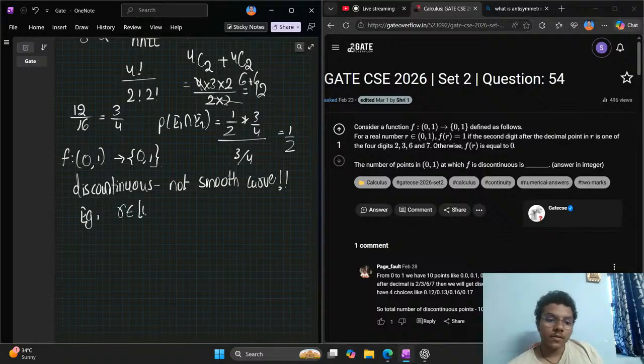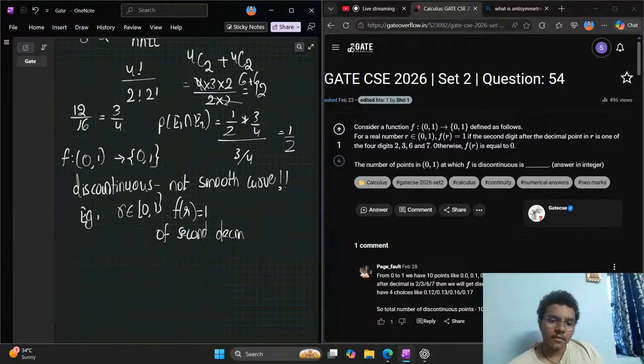R belongs to 0 comma 1. F of R is equal to 1 if the second decimal digit is equal to 2367.